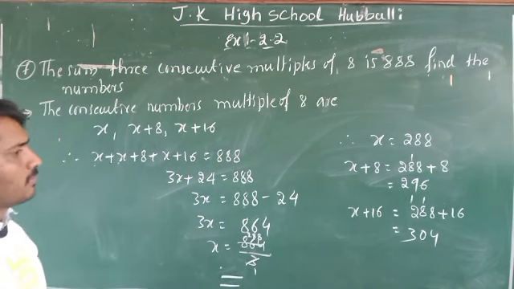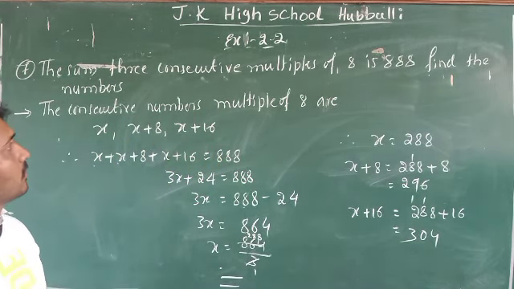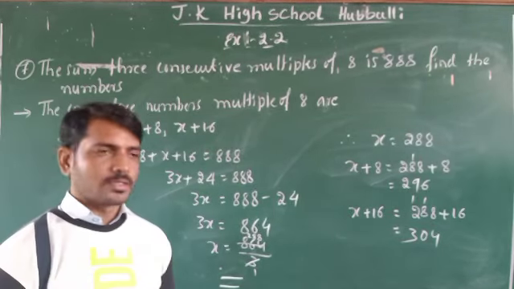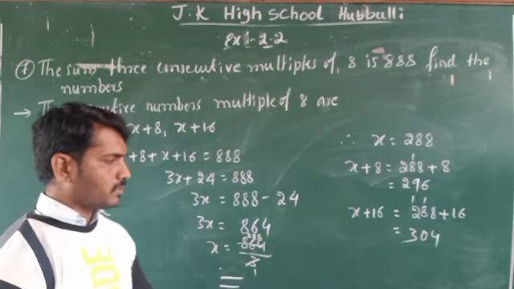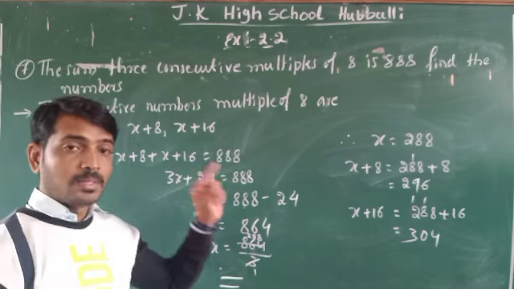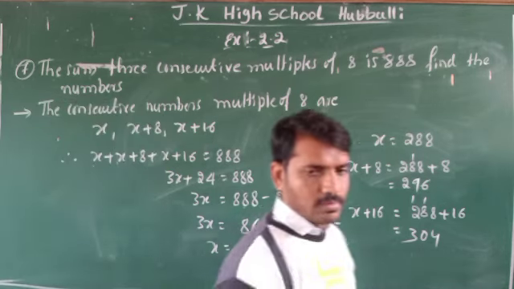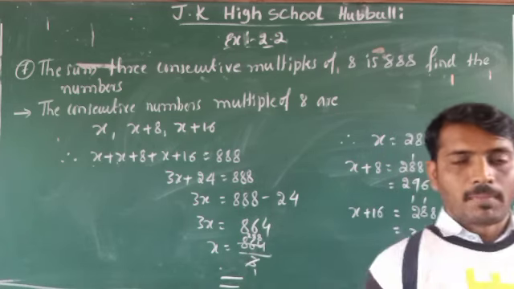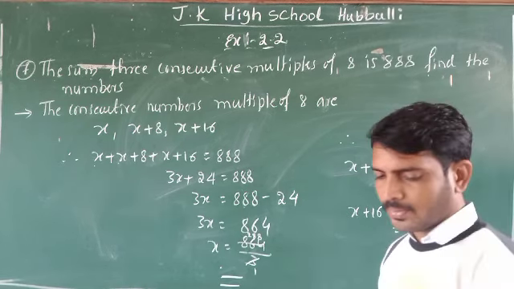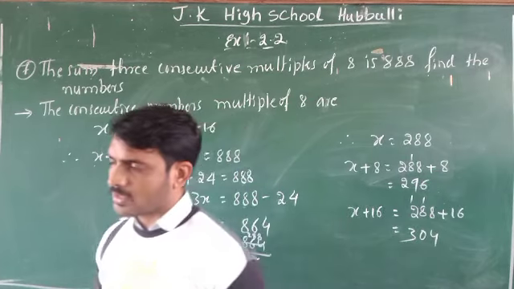The three numbers are 288, 296, 304. These three are the multiples, not the normal consecutive numbers. These are the multiples of 8. So 288 of course 296 will come. 296 of course 304 will come. Okay, children, write down the answer.